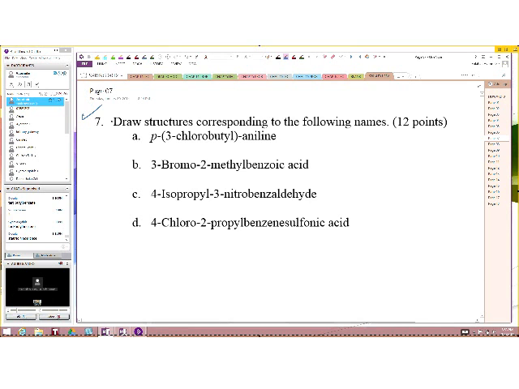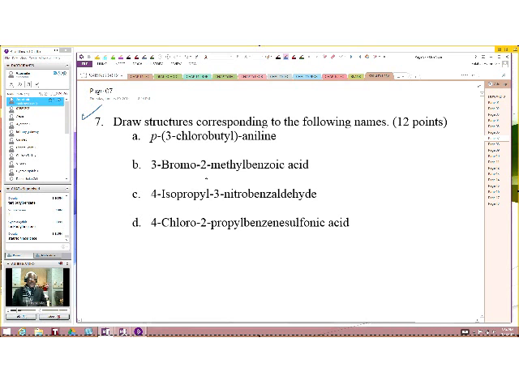Draw structures corresponding to the following names. A, p-3-chlorobutyl aniline. B, 3-bromo-2-methylbenzoic acid. C, 4-isopropyl-3-nitrobenzaldehyde. D, 4-chloro-2-propylbenzene sulfonic acid. Okay, very good, and thank you.